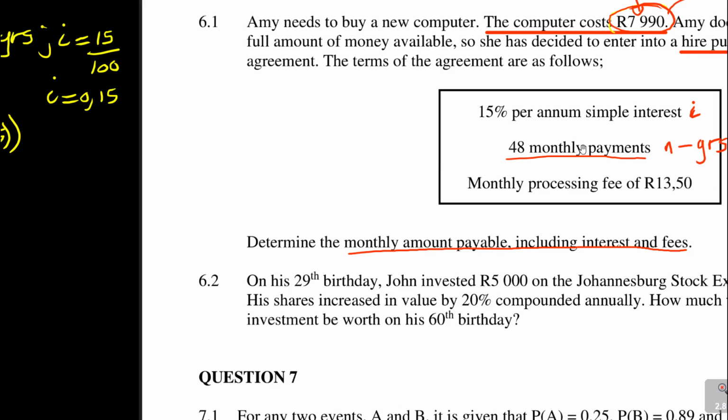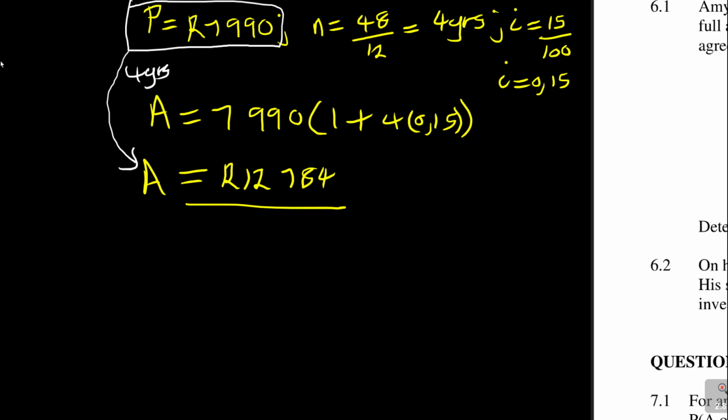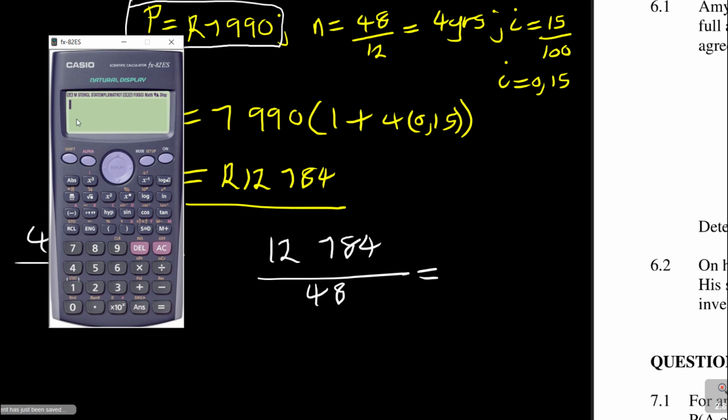Remember, you're going to pay for 48 months. So how much are you going to pay each month? We divide 12,784 by 48 to see what your monthly payment is.